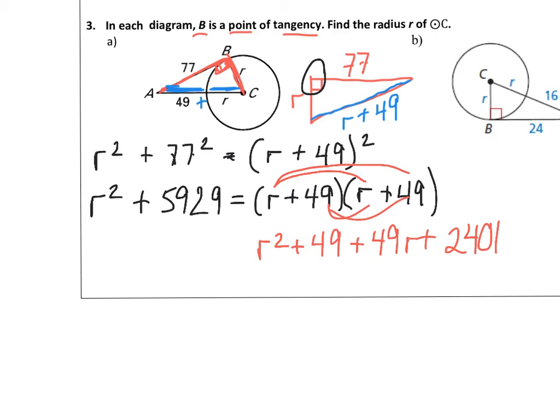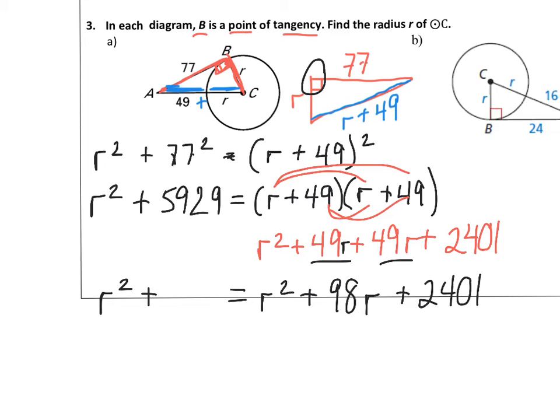So it looks like I can combine a couple terms here. We got 49R and 49R. So now I'm going to have R squared plus 98R plus 2,401. And then on the other side, I still have R squared, and I still have 5,929.